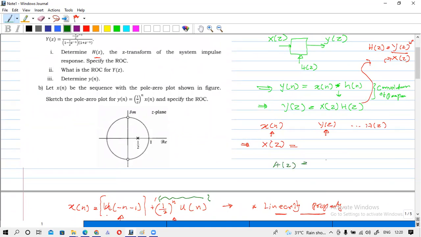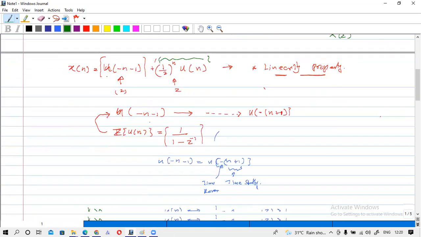You can divide YZ by XZ. YZ is already given, that is half z minus 1, 1 minus z minus 1, 1 plus z minus 1. So we will try to evaluate this one.